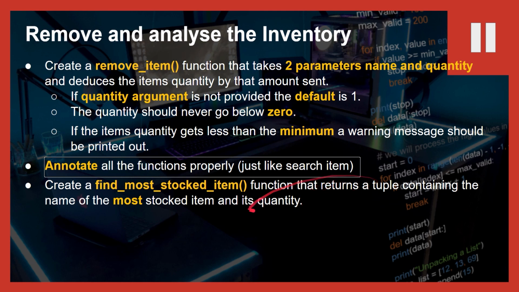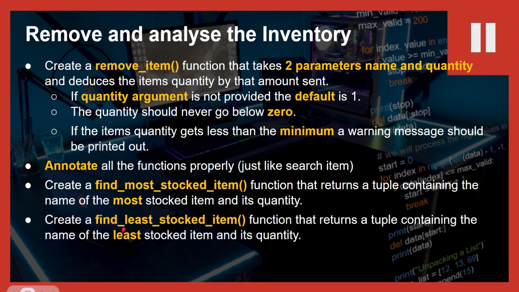And you also need to annotate this. So this is a very, very nice challenge where you have to think of, how do I annotate? How do I tell someone that this returns a tuple containing the name and the quantity? Very nice. Create a find the least stocked item function that returns a tuple containing the name of the least stocked item and its quantity.